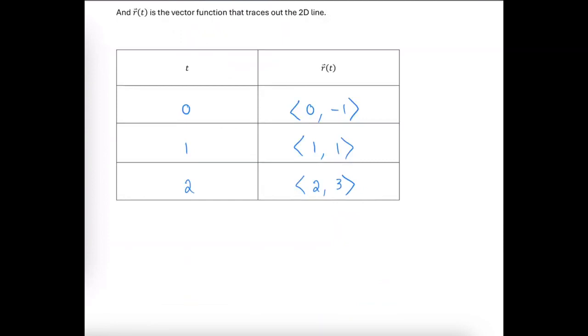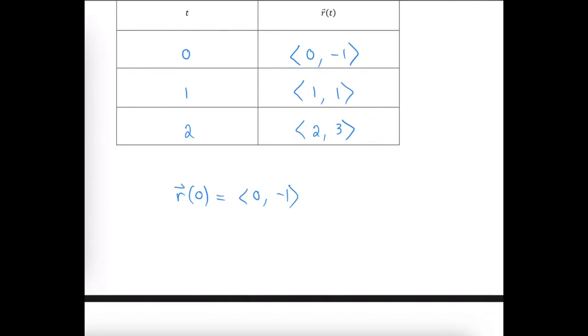Another way that we can express this is to say that the vector valued function, when we evaluated it at 0, turned out to be the vector ⟨0, -1⟩. When we plugged 1 into this vector function, we ended up with the vector ⟨1, 1⟩. And when we plugged 2 into the vector function, we ended up with the vector ⟨2, 3⟩. Again, the output of a vector function is going to be a vector.